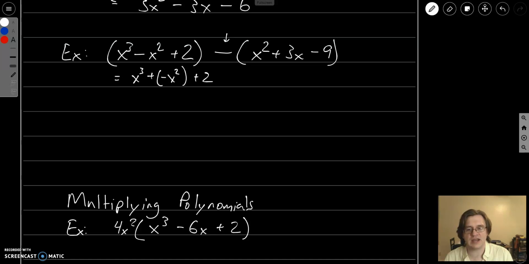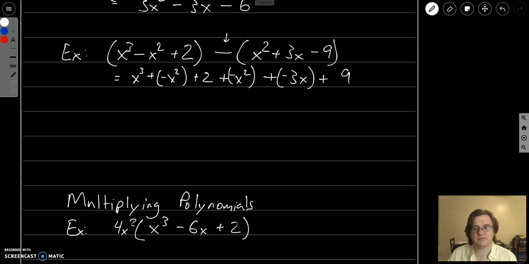And now I'm going to subtract an x squared, and by subtract x squared, I mean add a minus x squared. I'm going to subtract 3x, but by subtract I mean adding negative 3x. And here I'm going to subtract negative 9. But rather than writing subtracting negative 9 down, I'm just going to say we're going to add 9. Again, subtracting a negative is the same thing as adding.